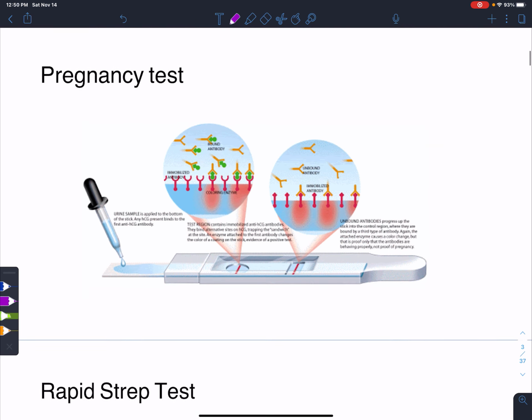So here's that picture I promised you with the pregnancy test. Right here, this is our sample, and this really should be yellow, right? Either way, whether it's urine or serum or plasma, it should be a yellow drop going on there. What we're looking for is the beta HCG unit to determine if someone's pregnant.